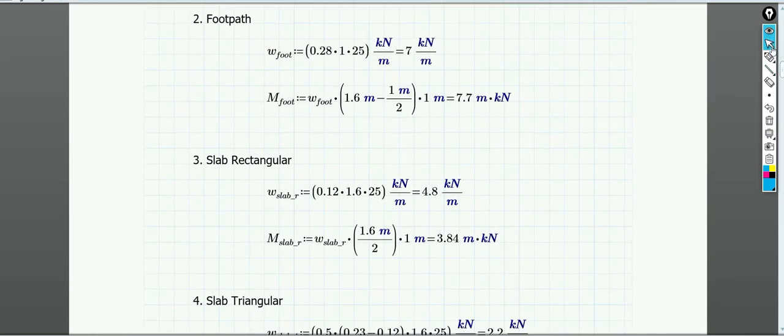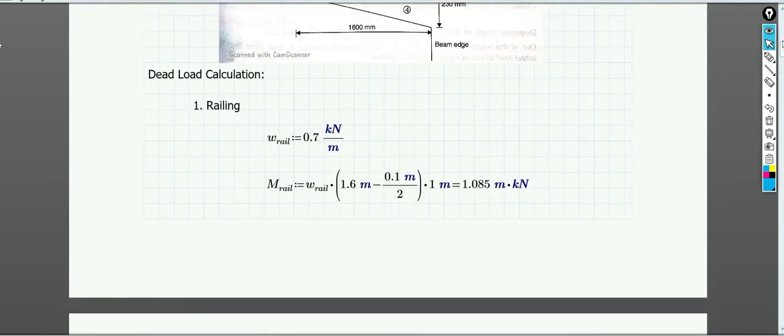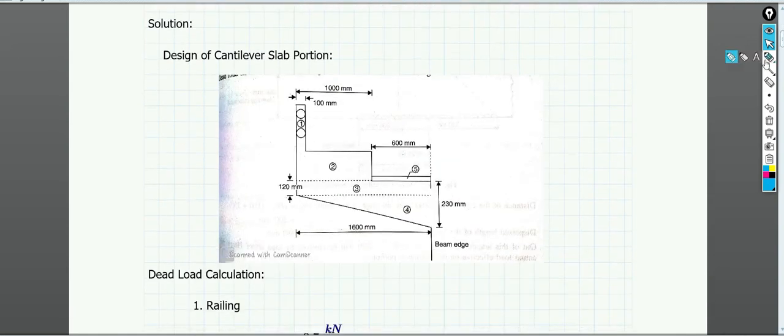Now about the footpath, you can see that is marked as 2. So let us show it again. So here this 2, this is the footpath. Now look at the figure. What is the height of this footpath? You can see in the previous drawing that it is mentioned as 200 mm, and the wearing coat is 80 mm.